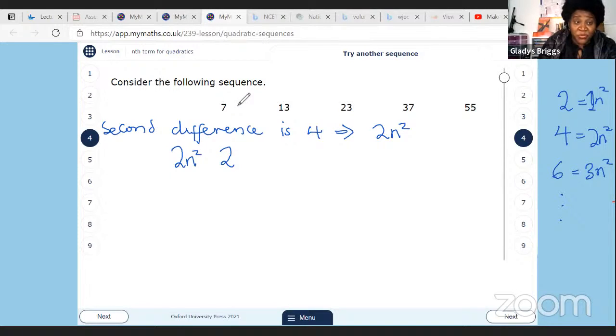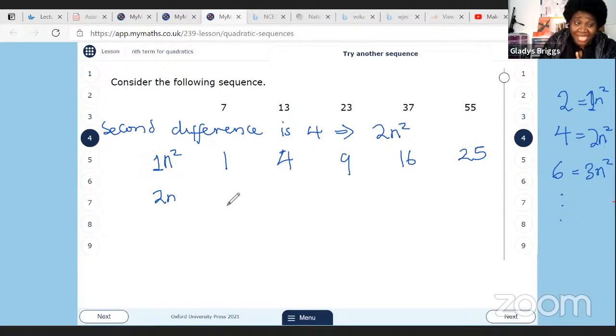Right, I think this will confuse a lot of people, so I better write 1 squared first. So if this is n squared, 1, 4, 9, 16, and 25, then 2n squared would be 2, 8, 18, 32, and 50, yeah?